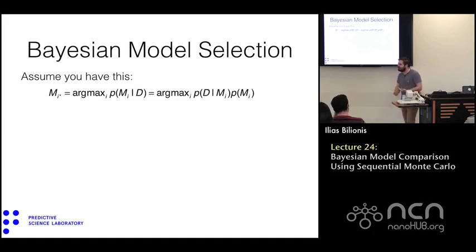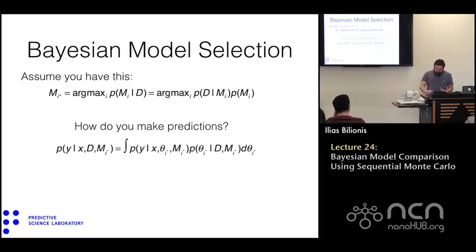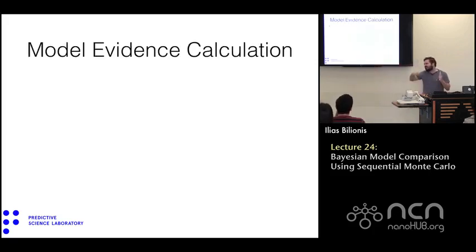That's how you choose. You should take Professor Panchal's course for that, okay? But if you do choose and you want to make predictions, you can make predictions by averaging. And if somebody also forces you to pick the parameters, you should use a loss function to pick the parameters, etc. Anyway, let's go to the important thing, which is the model evidence calculation.